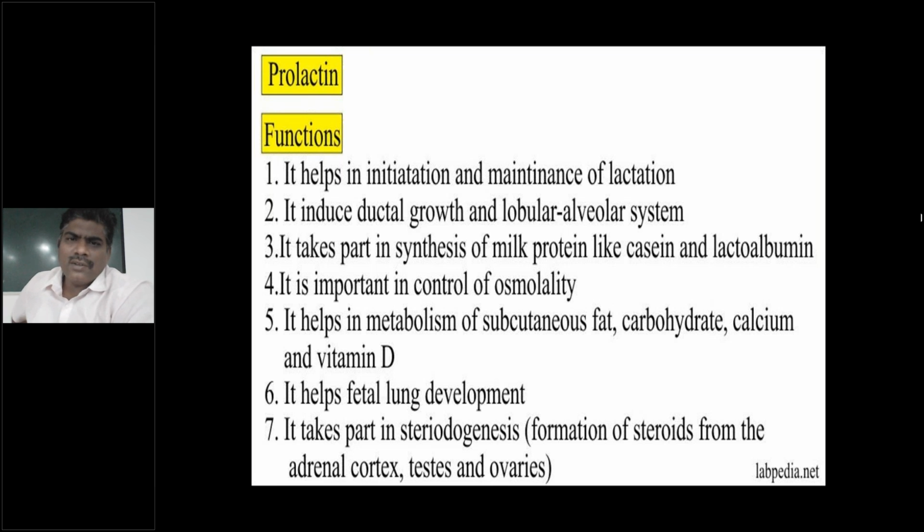It takes part in the synthesis of casein and lactalbumin, which are known as milk proteins. It helps in the control of the osmolality of the blood, in the metabolism of subcutaneous fat, carbohydrate, calcium, and vitamin D, and in fetal lung development, and it takes part in the formation of steroids from the adrenal cortex, testis, and ovary.